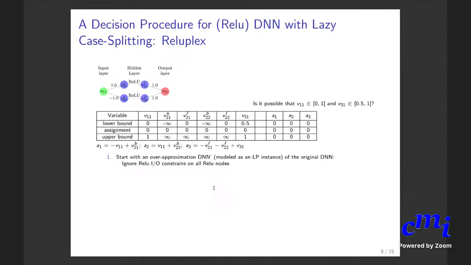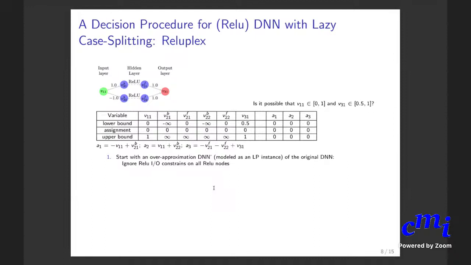I don't understand. No. First of all, why is this? This is an LP instance now. In this case, your inequality is that this expression has to be equal to 0.